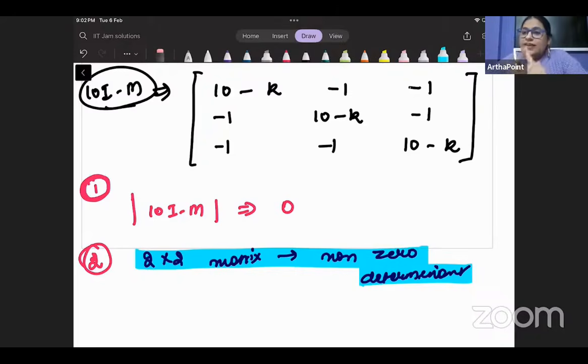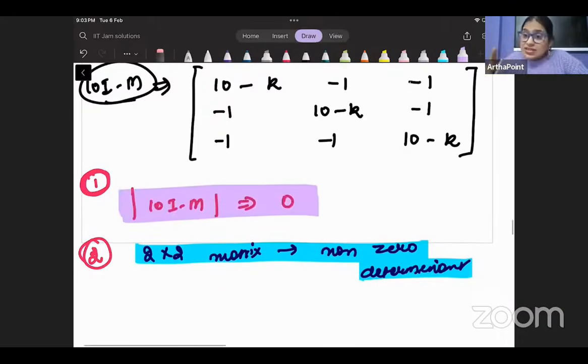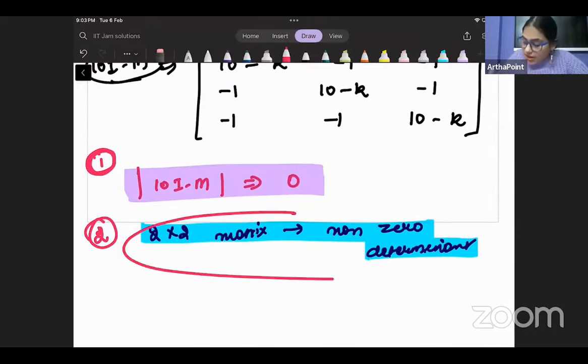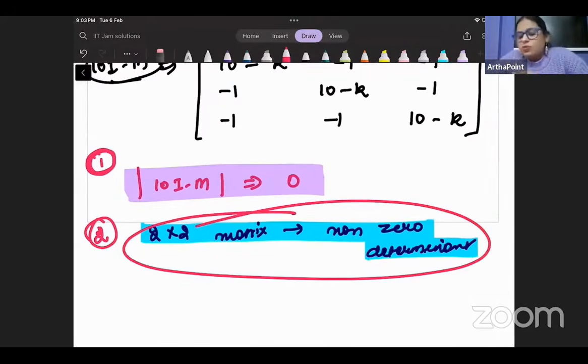So I want that ये 3 cross 3 matrix का determinant should be 0. Of course I need that. But at the same time, I also need that 2 cross 2 matrix determinant should be non-zero. वो 0 हो गया तो गड़बड़. Am I clear with it? ये बात एकदम क्लियर हो गई है हमें.